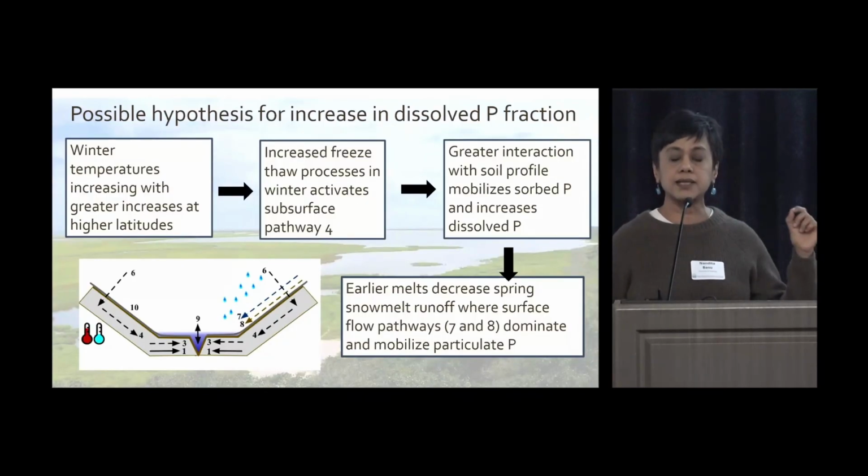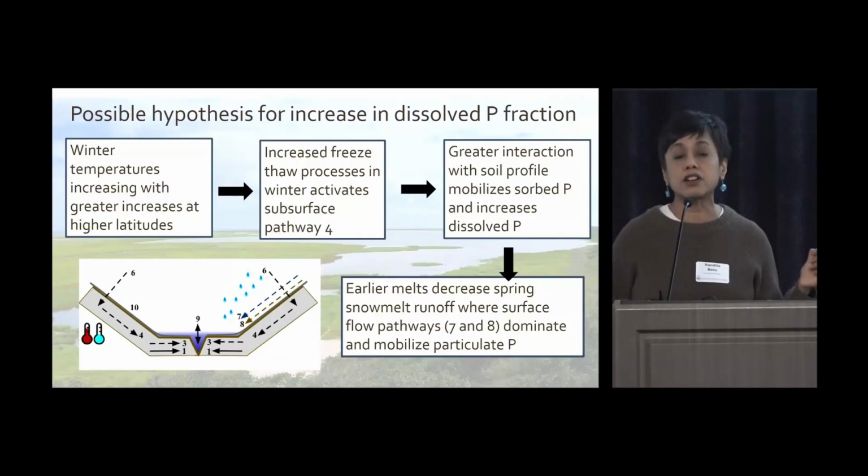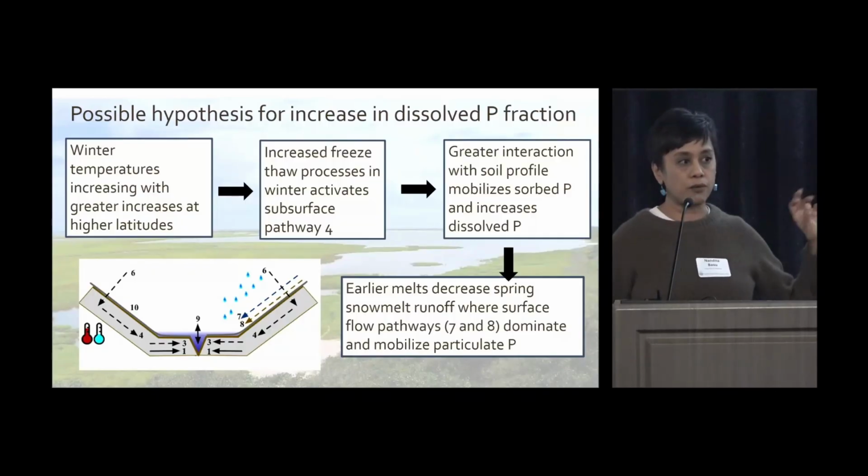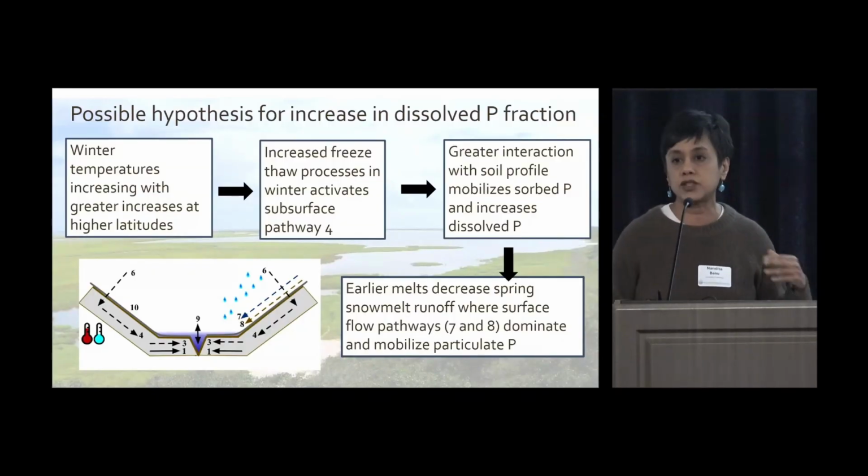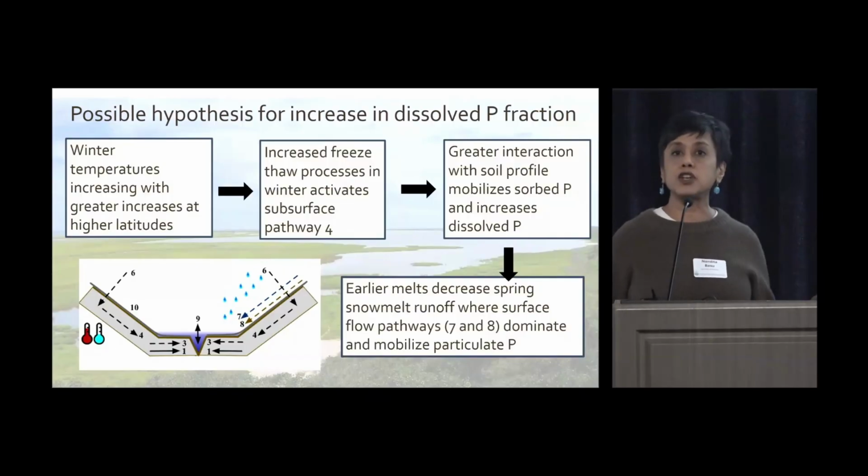So our hypothesis is that our winters are getting more temperamental, right? They are getting warmer, but more importantly, you get very warm days and runoff events followed by freezing days. When you have those warm-ups during some of the days, your subsurface pathways and your tile pathways are activated, and you get this flush of nutrients in the stream.